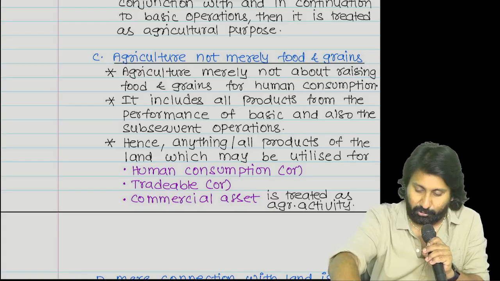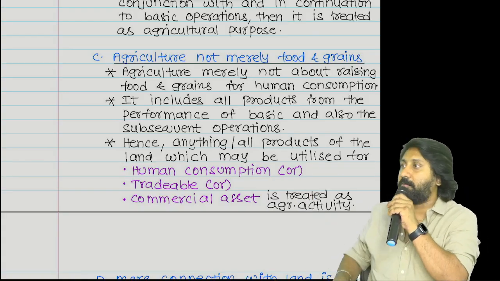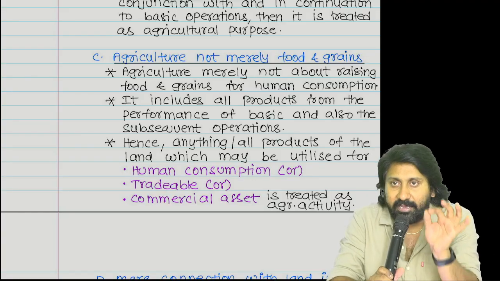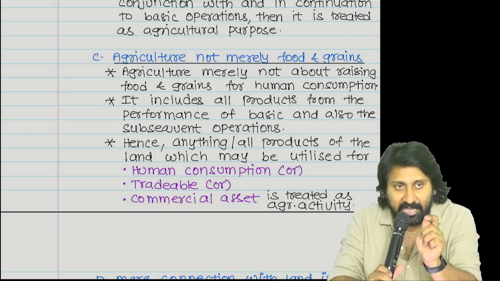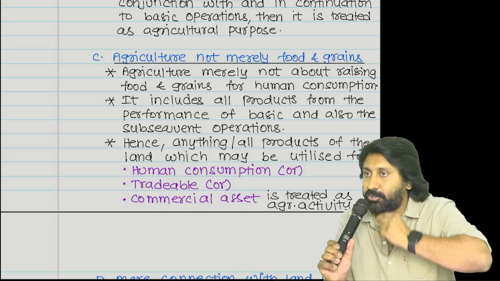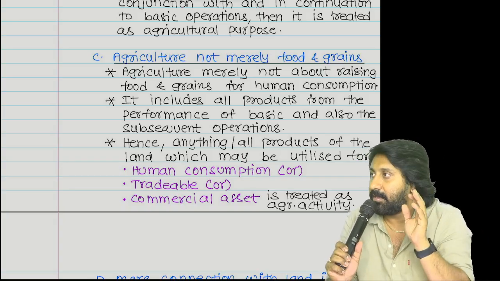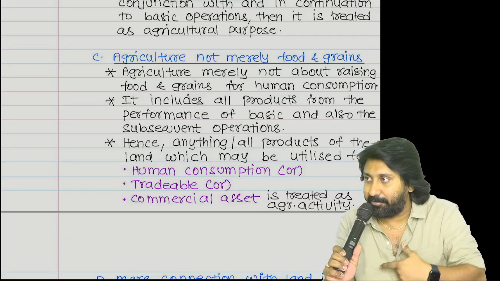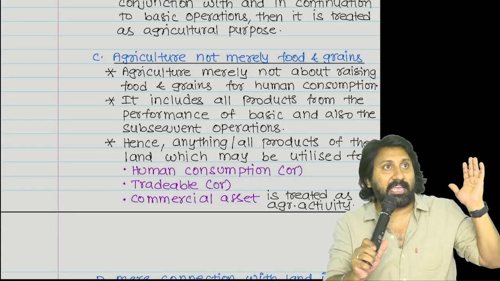Listen, let me come to that point. Listen. Human beings always think that agriculture means something which is consumed. Because we always think from our own benefit point of view. Something benefits me, agriculture.